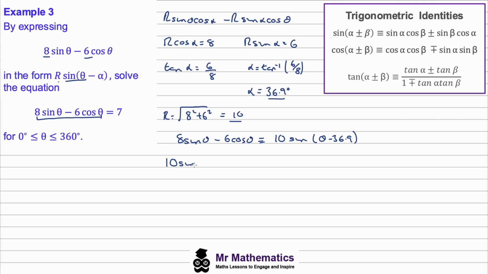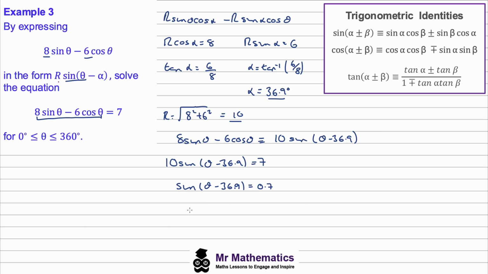So 10 sine theta minus 36.9 will be equal to 7. We'll divide both sides by the 10. This will give us 0.7, or 7/10.